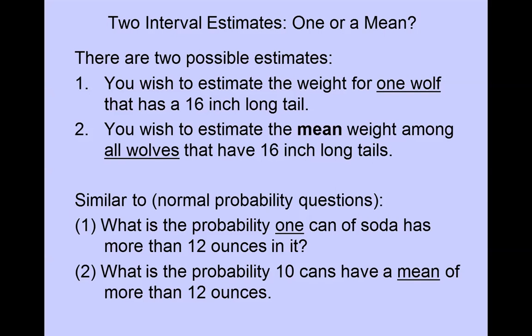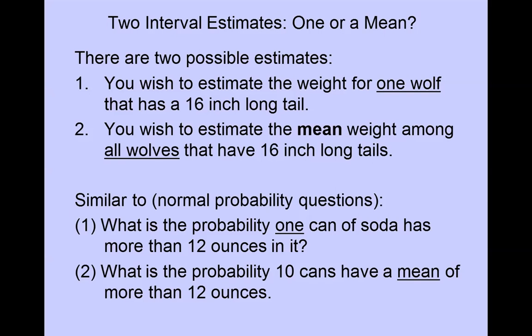Well, there are two possible estimates you might be asked for. One, you wish to estimate the weight for one wolf that has a 16-inch long tail. Or, number two, you may wish to estimate the mean or average weight among all wolves who have 16-inch long tails.